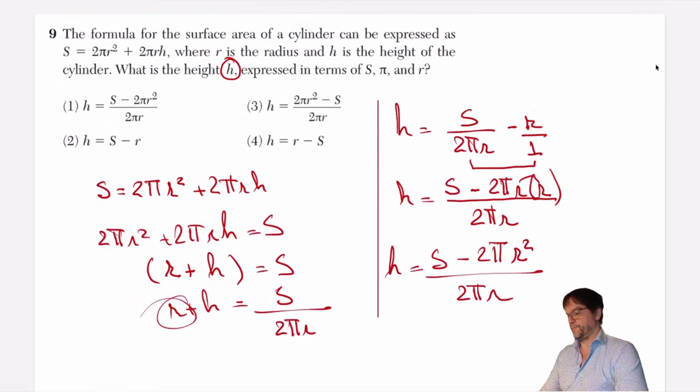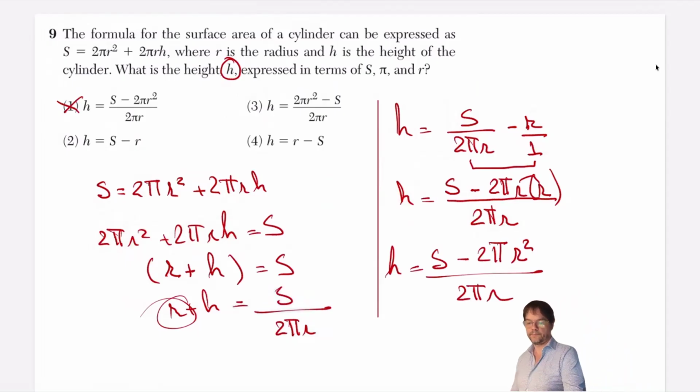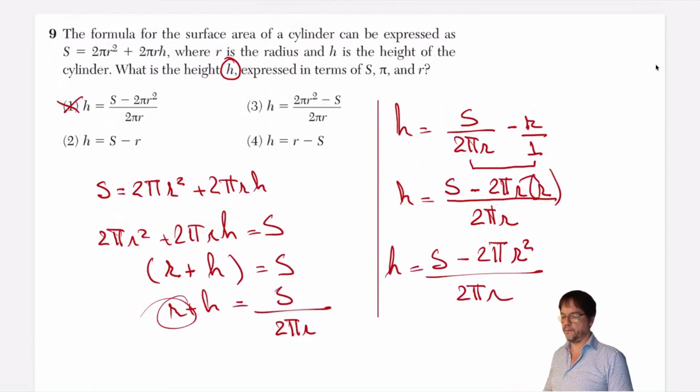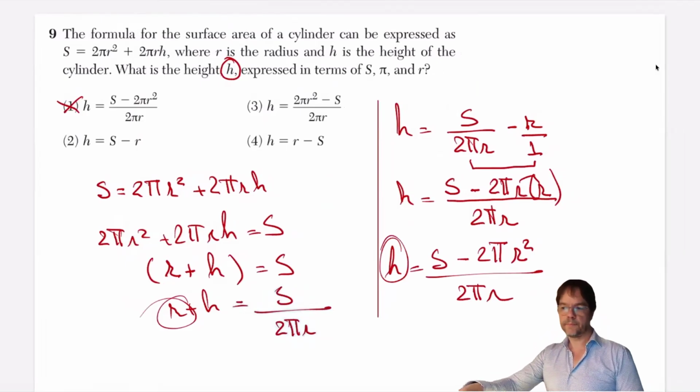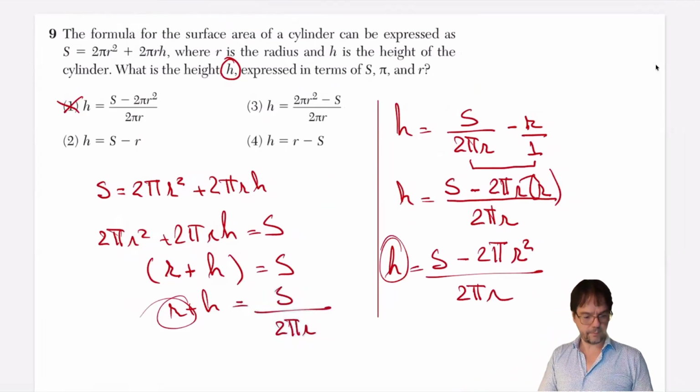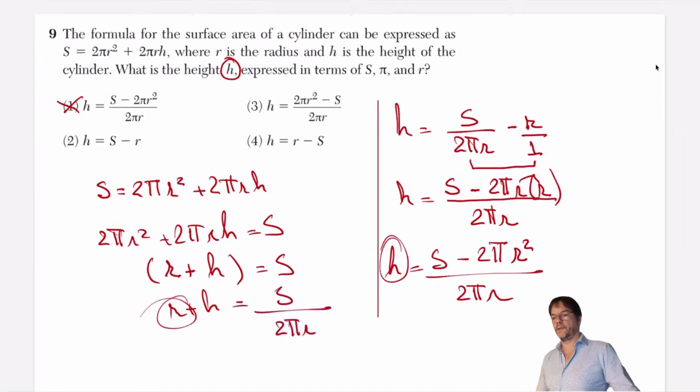Is that okay? So, it is number 1. S minus 2πr squared over 2πr if I put everything in terms of h. Is that okay?